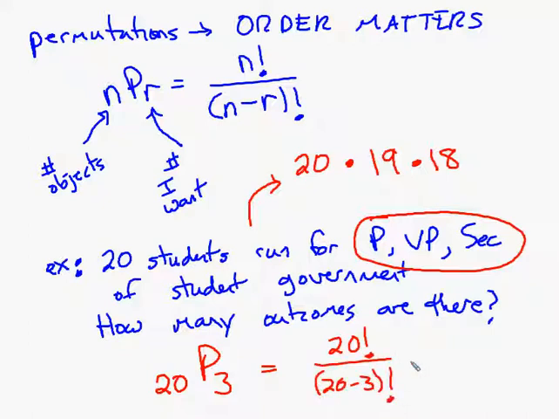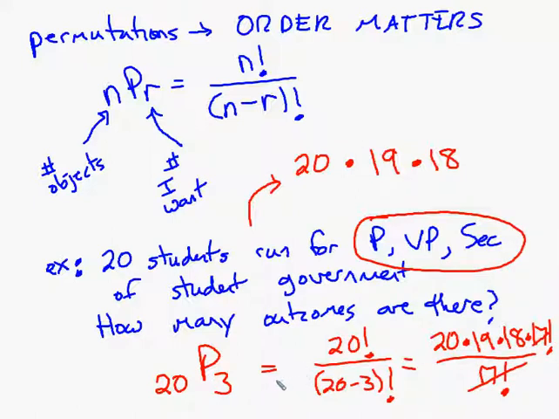And from yesterday when we practiced simplifying factorials, we count down from 20, 19, 18, and take it down to 17 factorial, because down here, 20 minus 3 is 17 factorial. Those will cancel, and that gives me the same answer. So that's an alternate way to do that.